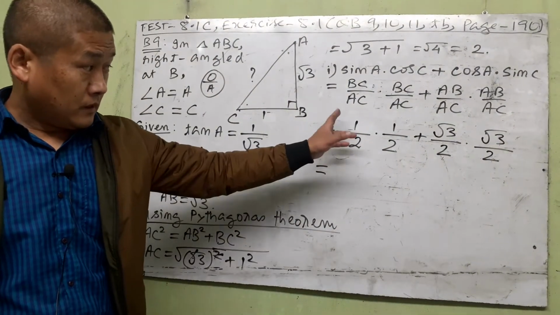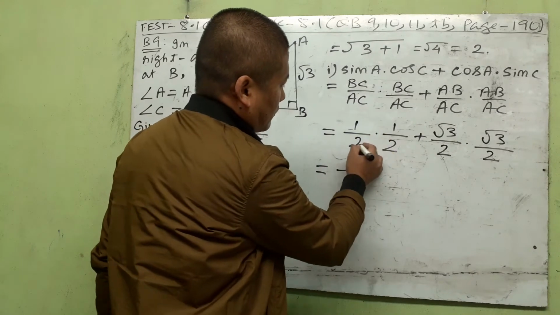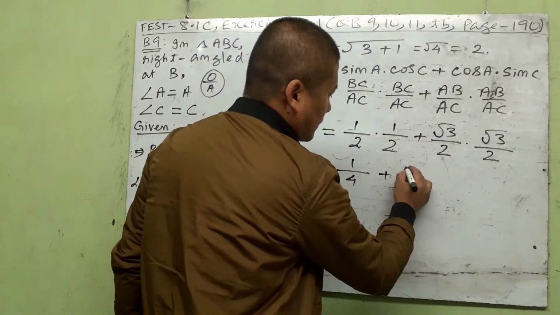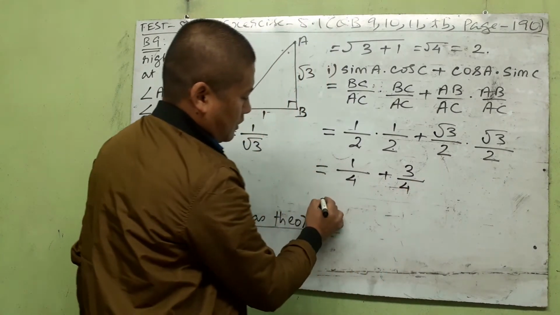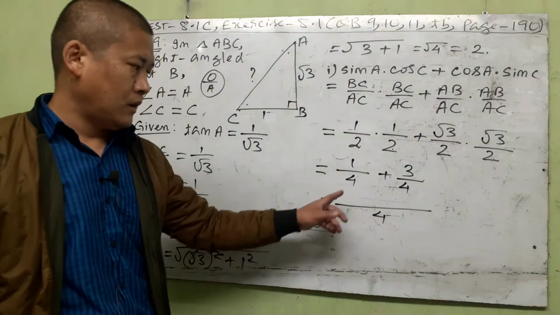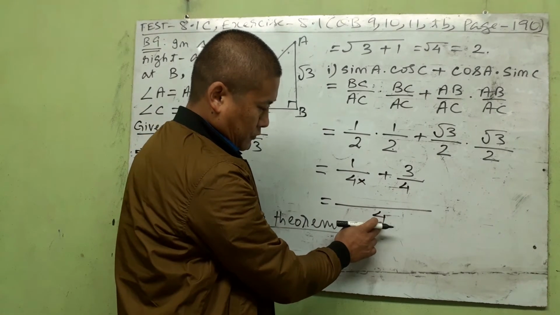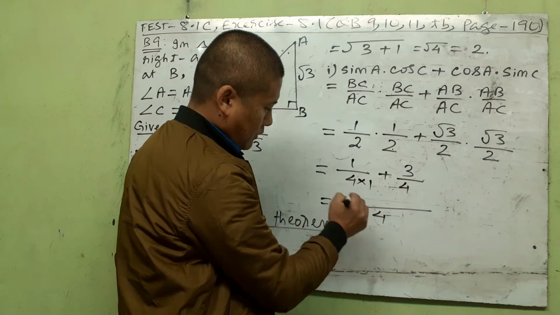Matter of solving carefully. So 1 1s are 1. This dot means into, so 2 2s are 4. Plus root 3 into root 3 means the root will disappear. 2 2s are 4. So here 4 is the LCM. Take the first denominator 4, how much is this LCM 4? That's right, 1. 4 1s are 4, so 1 1s are 1.